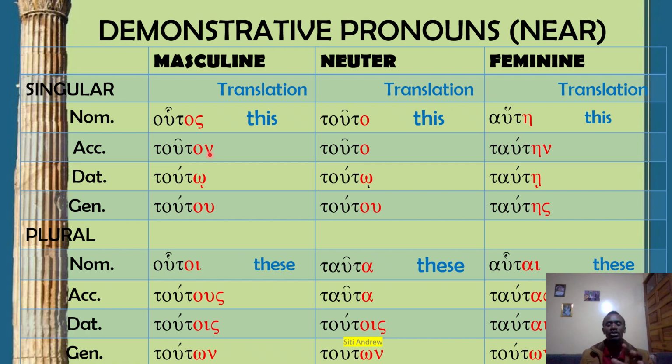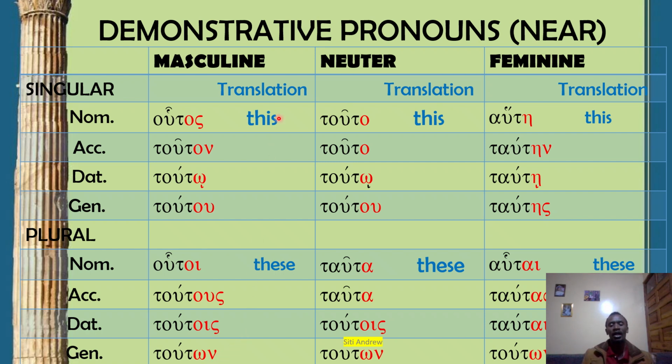So it follows all the endings of first and second declension, as you can see here. Houtos, touton, touto, toutou, houtoi, toutous, toutois, and touton.